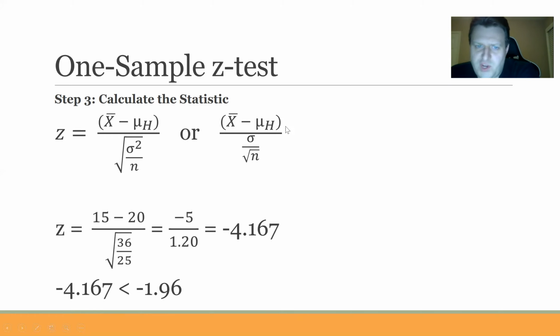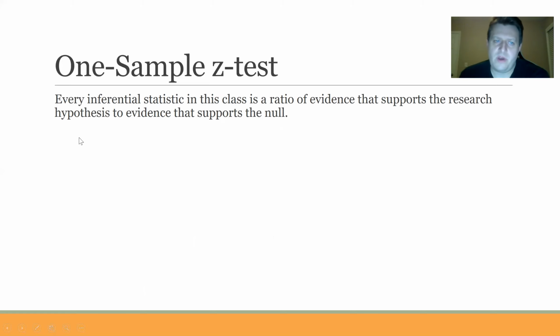Now, here's a general thing that I want to mention to you guys. All right, when we look at all of these inferential statistics, all of them in this class are going to be a ratio of something in the numerator over something in the denominator. Okay.